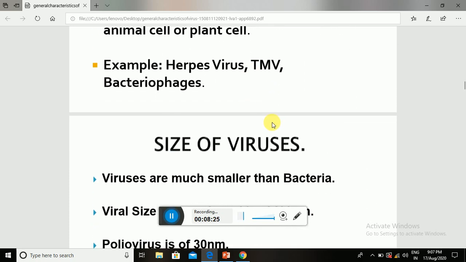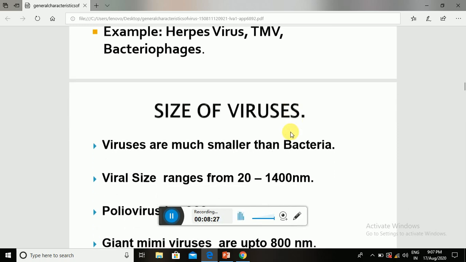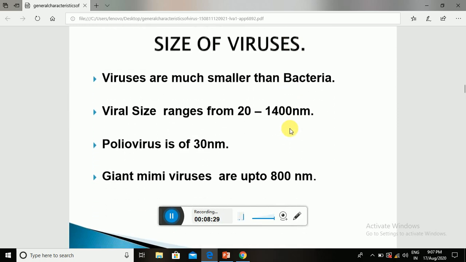Let's discuss the size of viruses. Viruses are much smaller than bacteria.